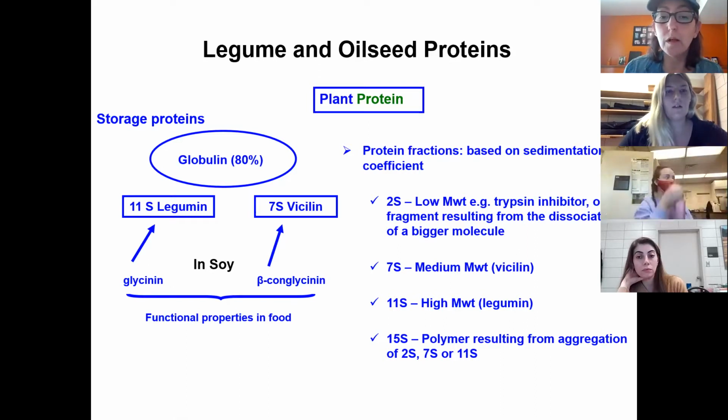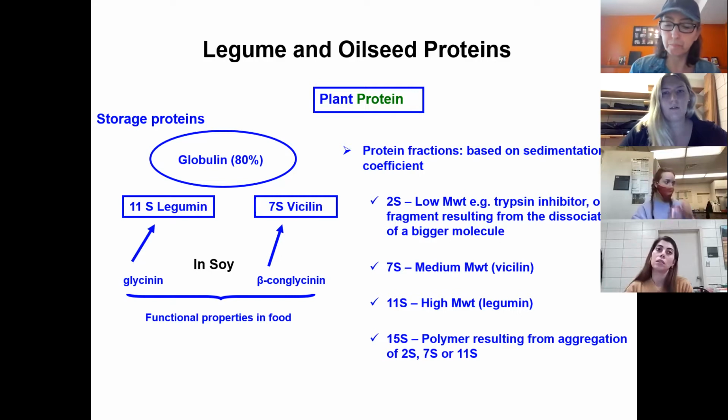Also, we can form larger polymers, 15S, under certain conditions where more aggregate is formed at a certain salt concentration or pH.